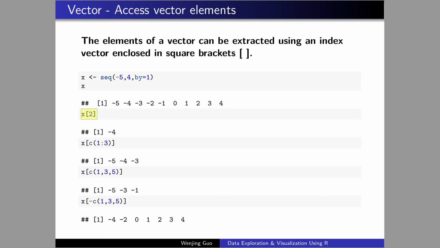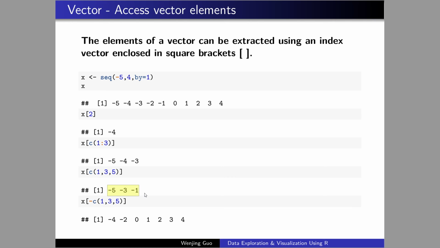If we would like to extract the first 3 elements of vector x, we can use this R code and R returns this output. If we would like to extract the first, third, and fifth elements of vector x, we can use this R command and R returns this output.